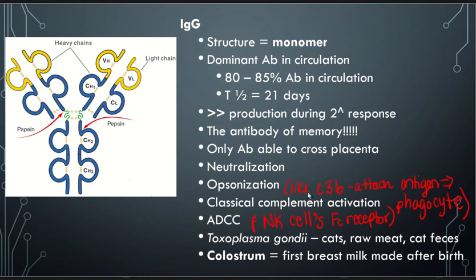You can also find IgG in breast milk, the very first breast milk made after birth, just like you can with IgA.